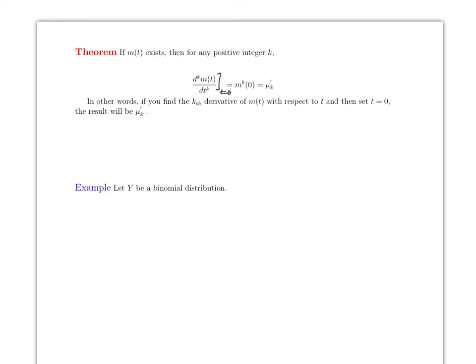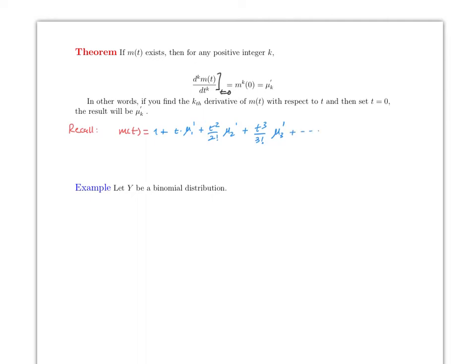Now recall, we just did this on the last page, that m of t was equal to 1 plus t times mu 1 prime plus t squared over 2 factorial mu 2 prime, and so forth, t cubed over 3 factorial times mu 3 prime.